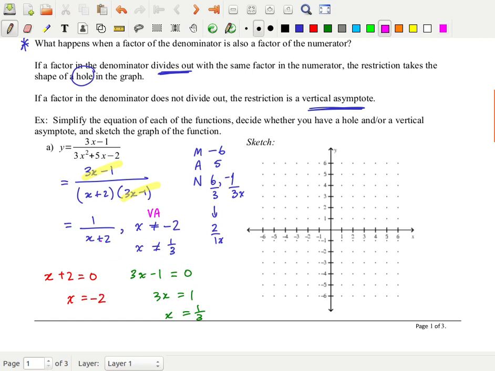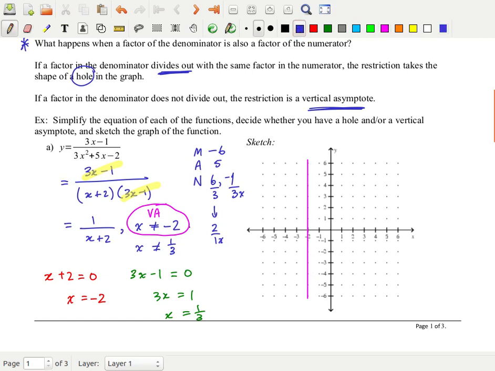And if we think about that in terms of transformations, for 1 over x plus 2, the vertical asymptote that used to be along the y-axis has shifted to the left by 2, which puts the vertical asymptote at x equals negative 2, which is exactly the same as what we got from this restriction. So this restriction gives me x is not allowed to be negative 2. There's my vertical asymptote. Let's go ahead and graph this.